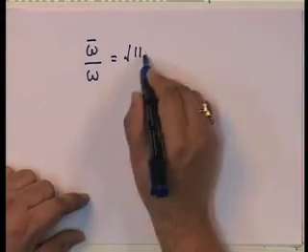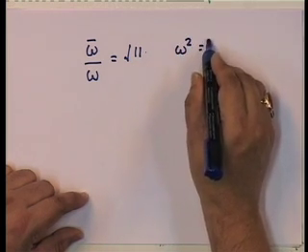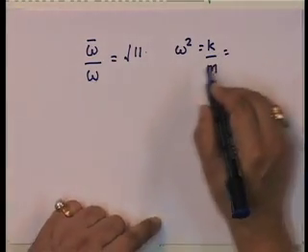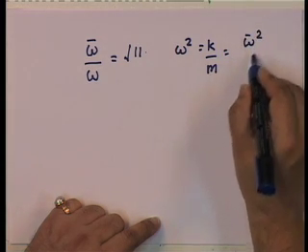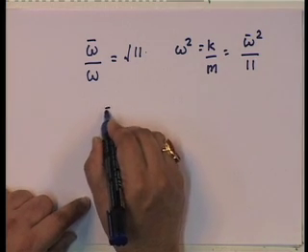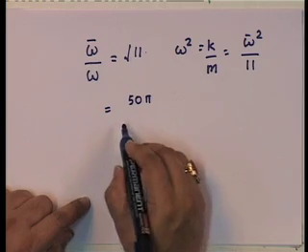Again, I want to find out omega squared, because omega squared is equal to k by m, which is equal to omega bar squared upon 11, and omega bar is 50 pi.